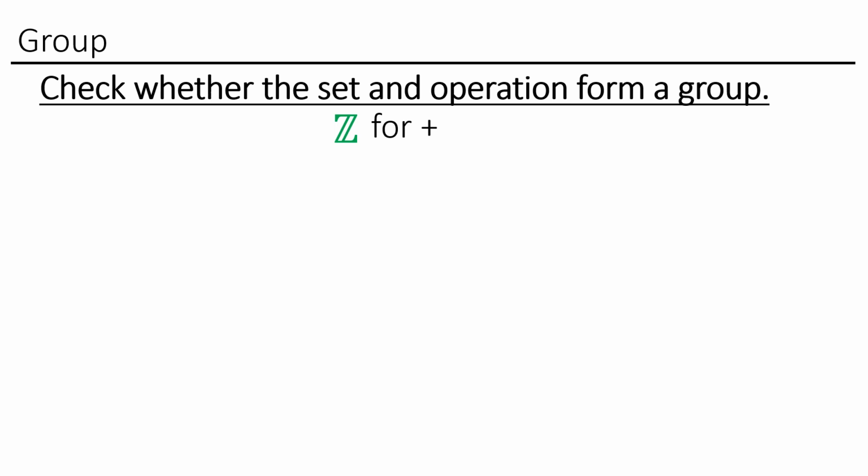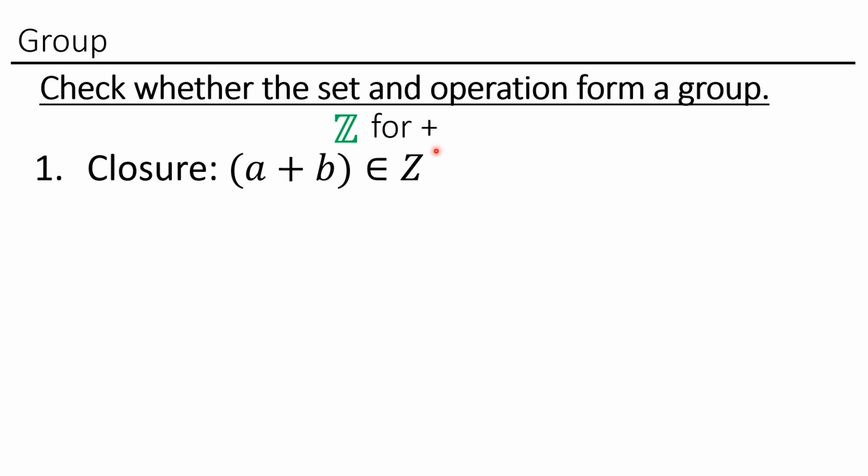So the first thing is called closure. Closure just means that you can take any 2 elements from the set, so any 2 numbers out of the set, and you can perform the operation, which is adding, and your answer will be in that set.